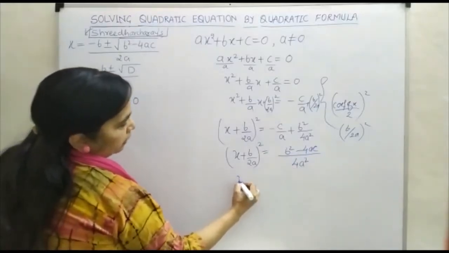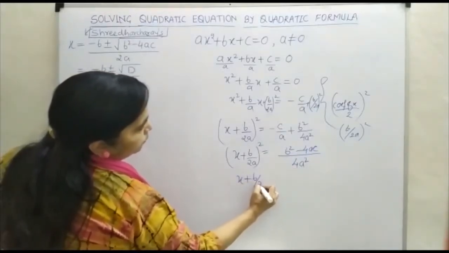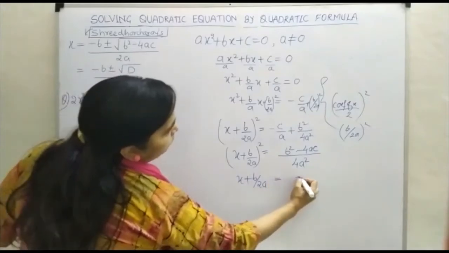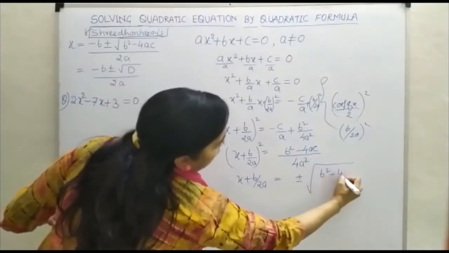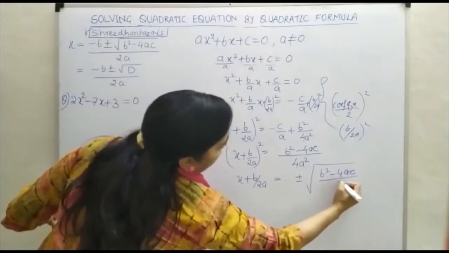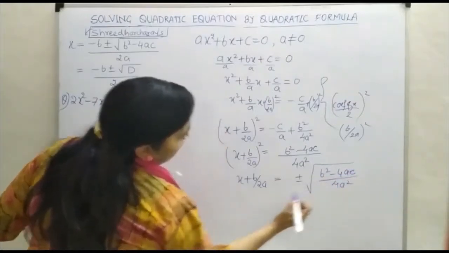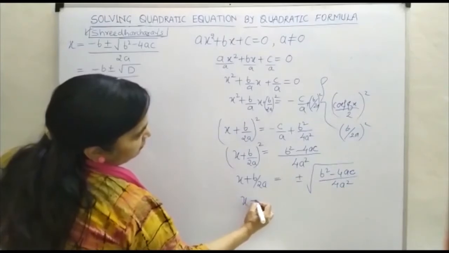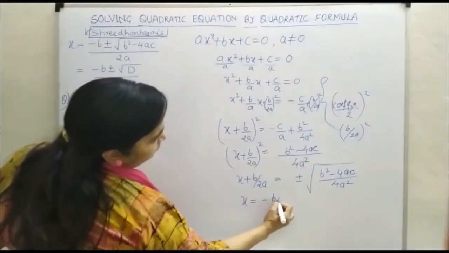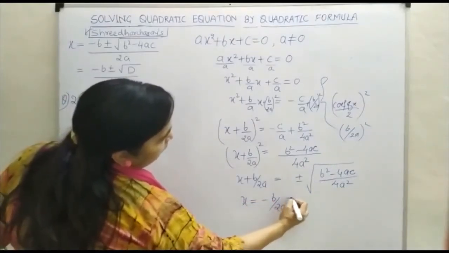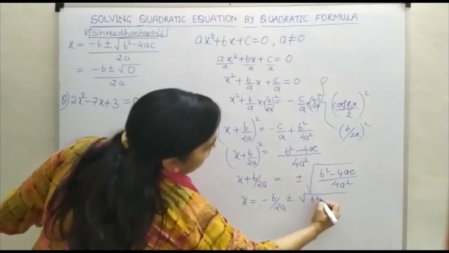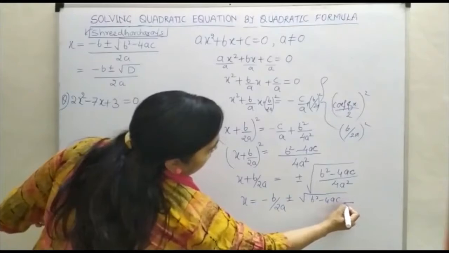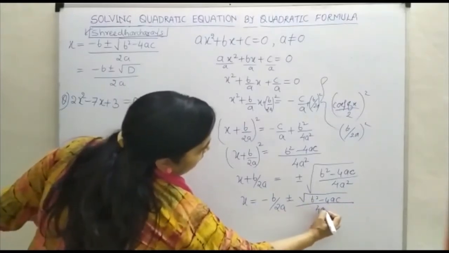Now x plus b upon 2a is equal to plus or minus under root b square minus 4ac upon 4a square. This can be written as x is equal to minus b upon 2a plus or minus under root b square minus 4ac upon 4a.